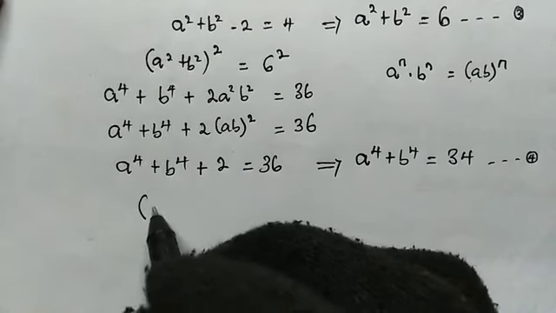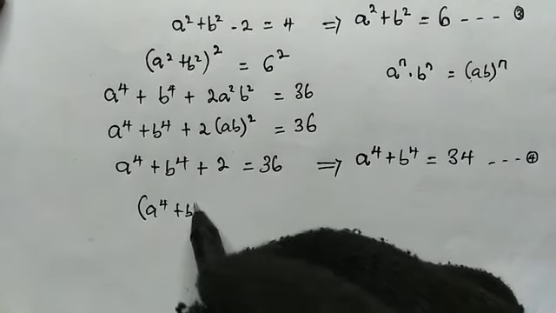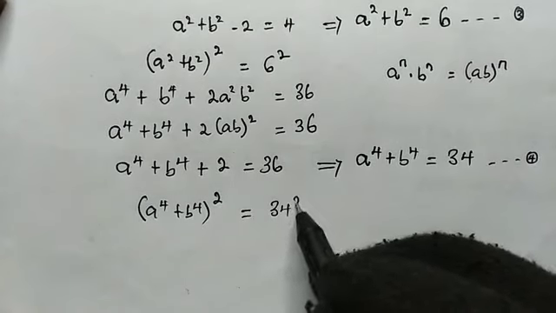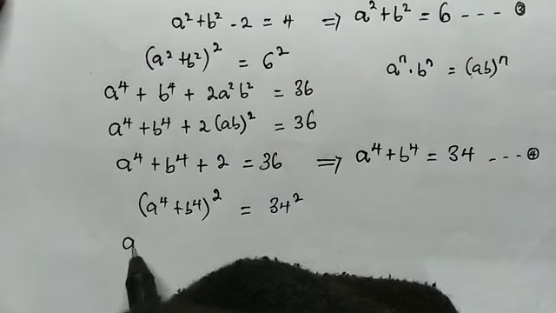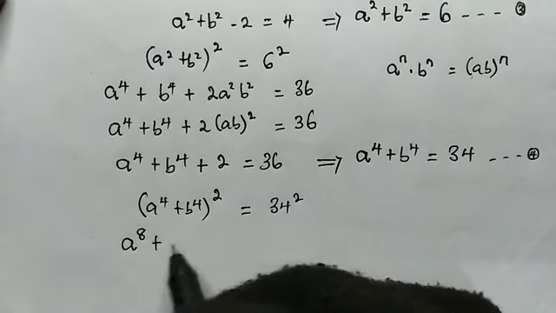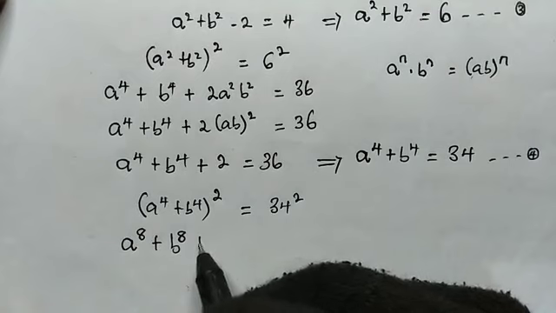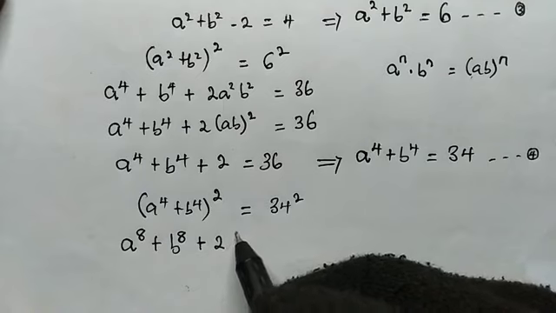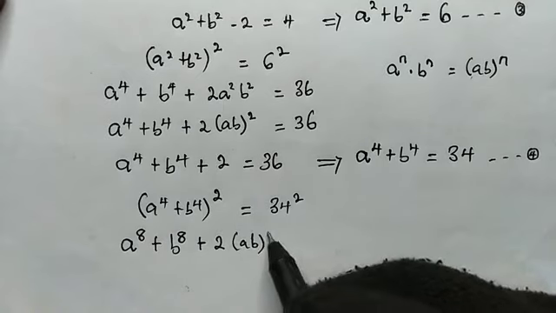Now, let's square both sides of equation 4. This will be equal to 34². So that will be A^8 + B^8 plus 2A^4B^4, which is the same as (AB)^4.